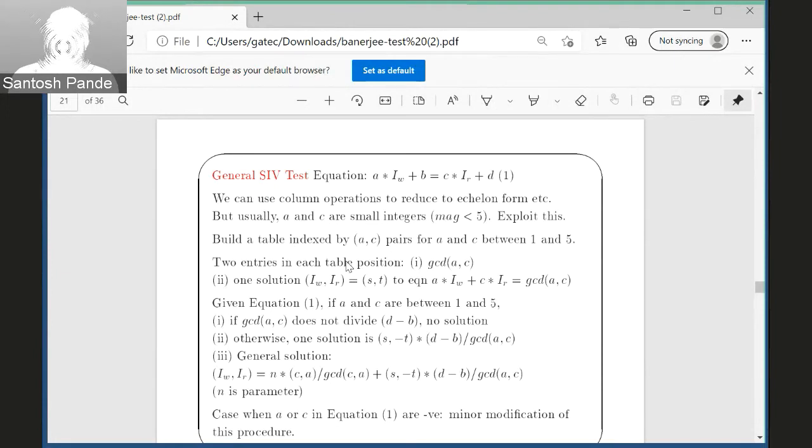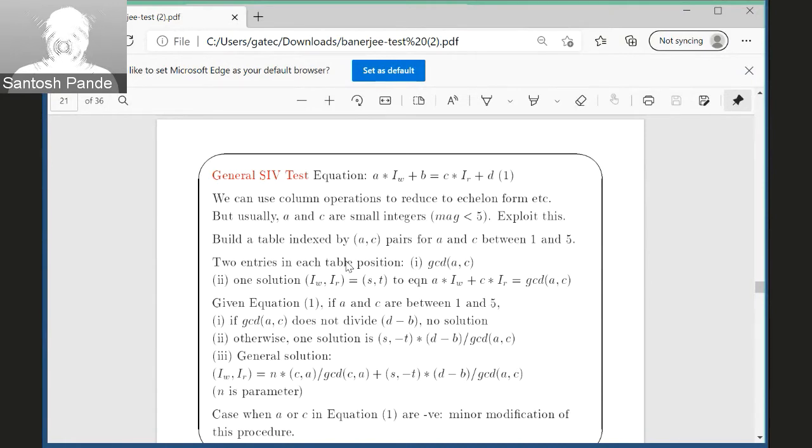we could build a table, and each of the entries could be the GCD of A and C, and then the second would be, corresponding to this GCD, a solution to this particular equation, which is assuming the GCD is such and such.